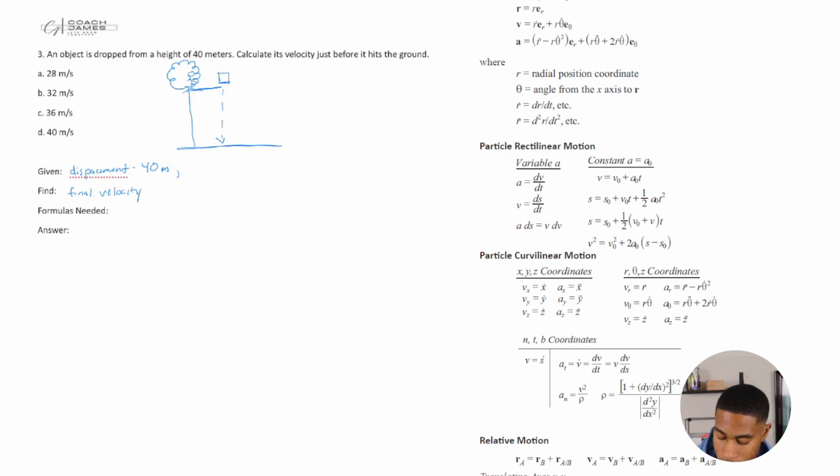Well, first of all, we know that our initial velocity is equal to 0 because when you're holding the object, you have to be holding it, so it's not going anywhere. Do we know V final? No, that's what we're trying to search for, right before it hits the ground. Do we know time?